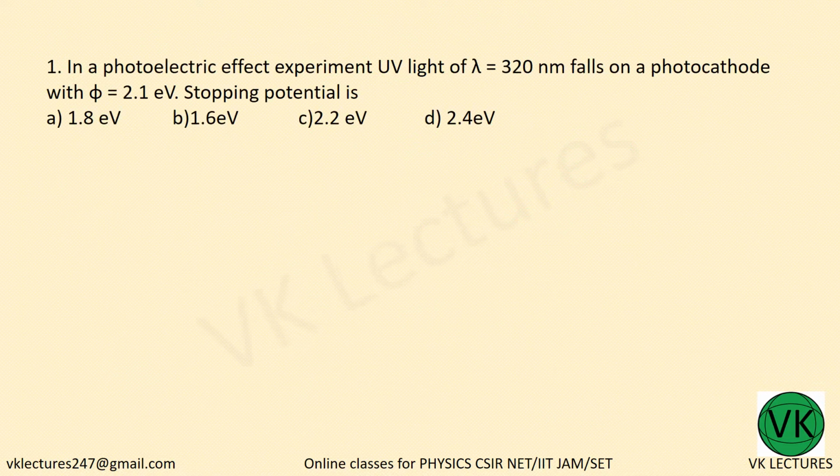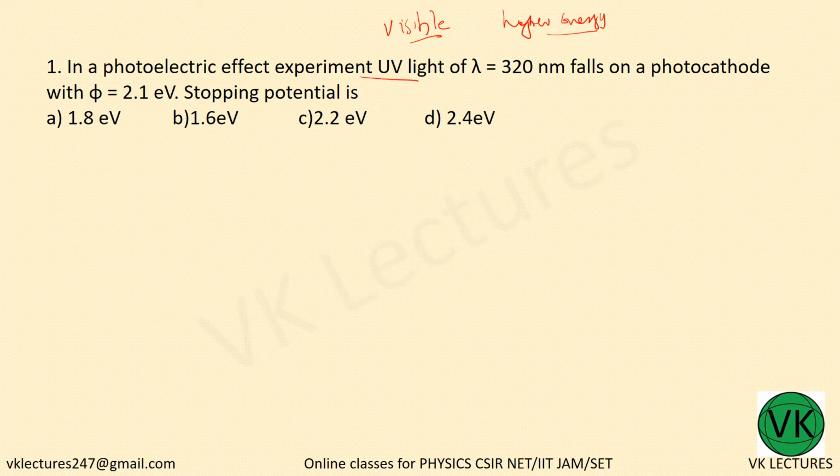In a photoelectric effect experiment, UV light. Once again, here in a photoelectric experiment, for the photoelectric effect to occur, it has to be either ultraviolet or visible light. Higher energy waves are not used here.